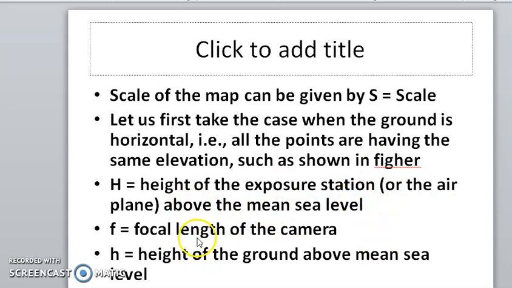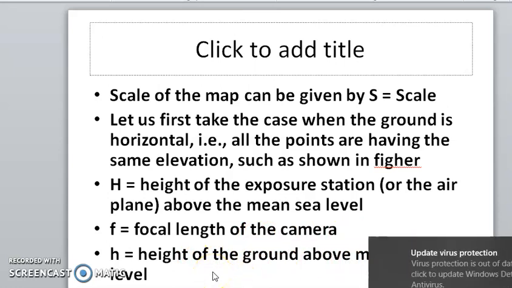F is the focal length of the camera. Small h is the height of the ground above the mean sea level.